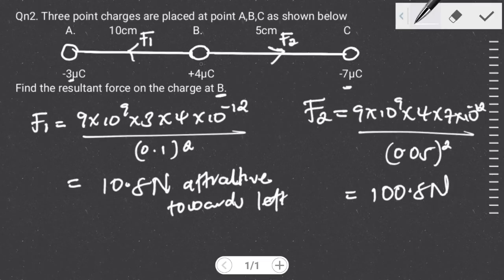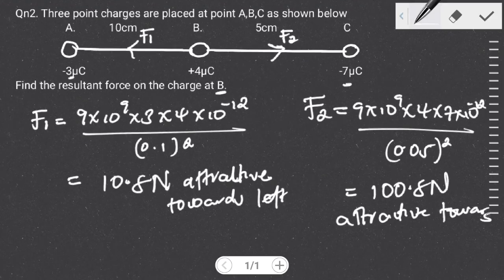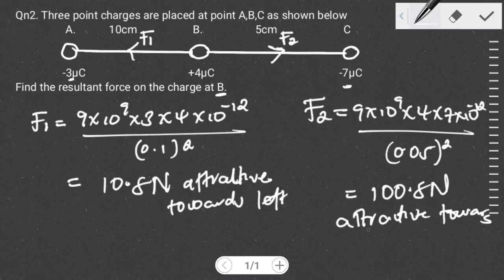But also the force is attractive, and therefore attractive towards the right.